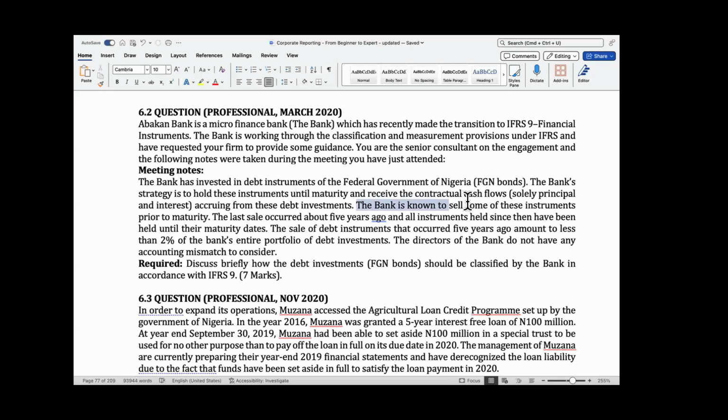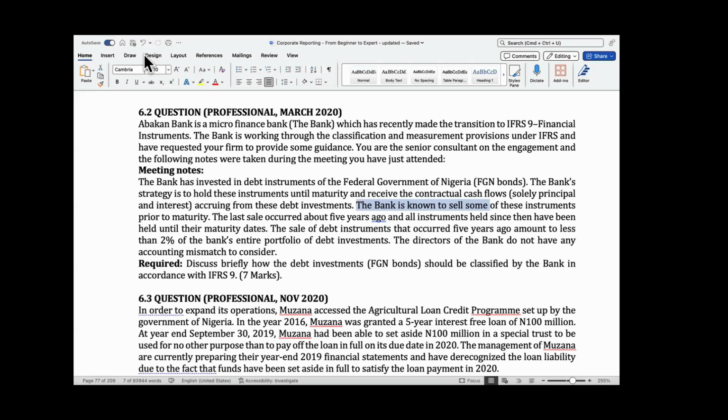But they now said again that the bank is known to sell some of these instruments before maturity. So that one is a deal breaker for us to classify it at amortized cost.